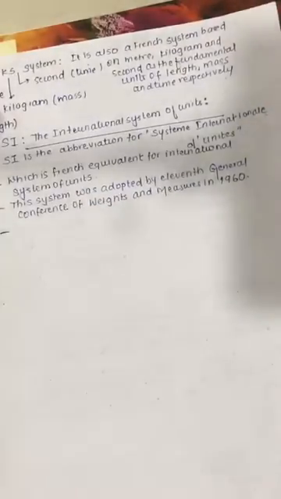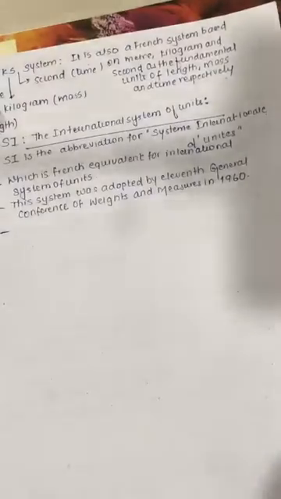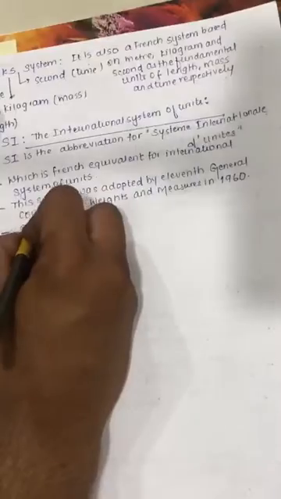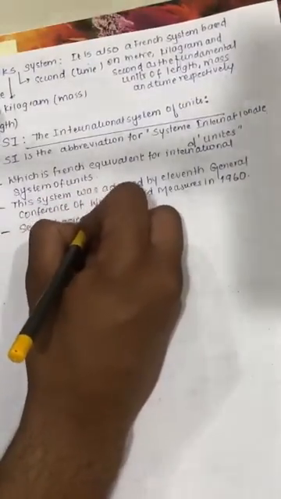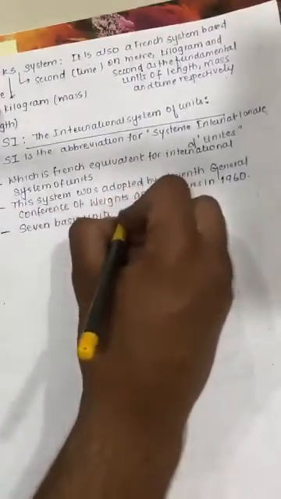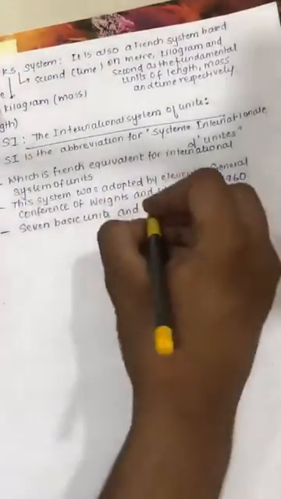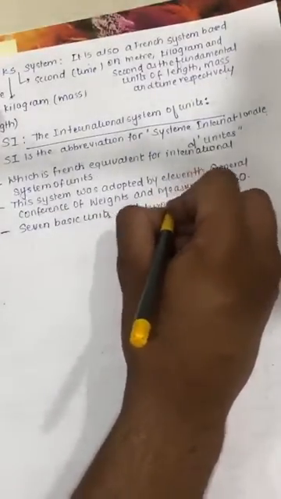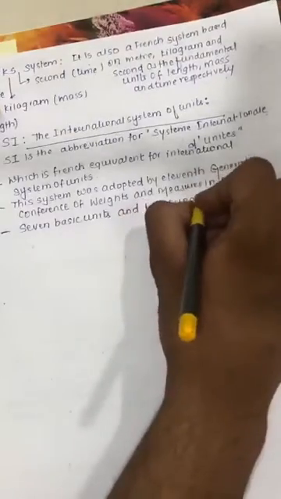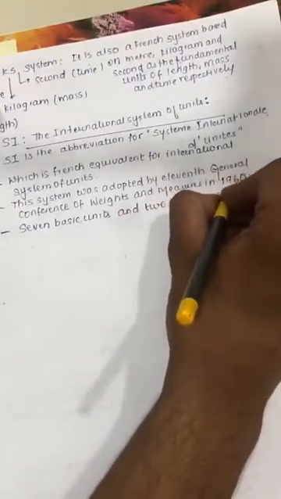This system gives 7 basic fundamental quantities and 2 supplementary units. It covers 7 basic units, 7 fundamental quantities, and 2 supplementary units.